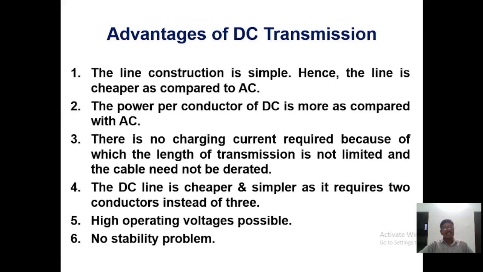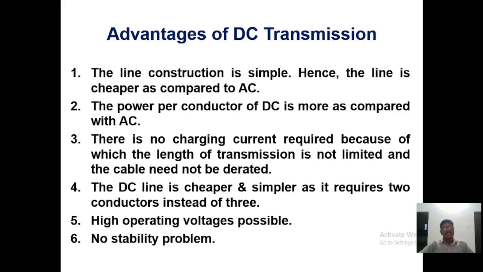What about the advantages of DC transmission compared to the AC transmission system? The line construction is simple, hence the line is cheaper as compared to AC. The number of conductors is also less in that DC system. The power per conductor of DC is more as compared with the AC system.